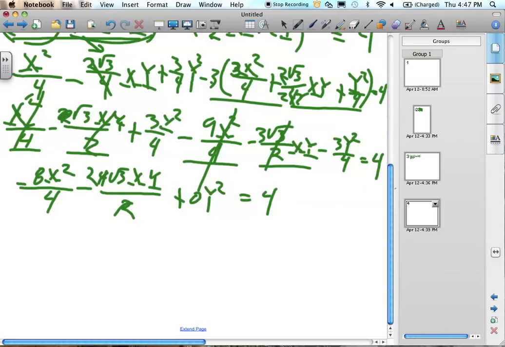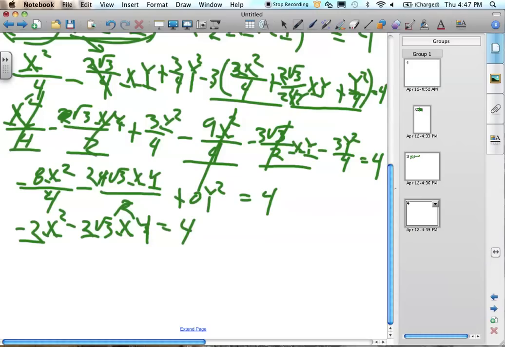Okay, so the last thing I want to do now is I've collected and combined all my like terms. I'm going to simplify these, so I'm going to end up with a negative 2 x squared minus 2 square root of 3 xy equals 4. And I notice I've got a negative 2 in all of these.